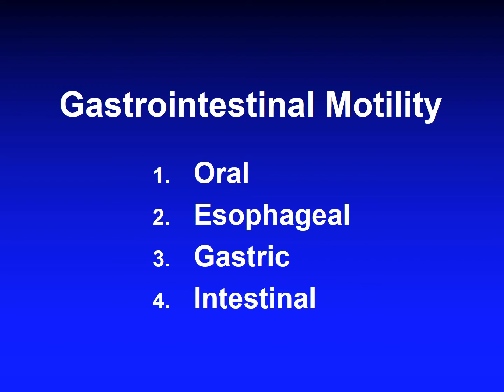The hormone that regulates this gastric emptying is cholecystokinin, whereas the contractions in the stomach, the reservoir, and the antral pump are regulated by two innervations, the vagus and the enteric nervous system.